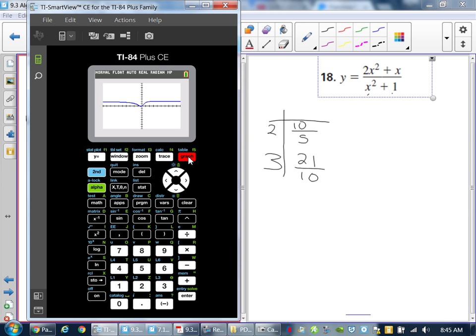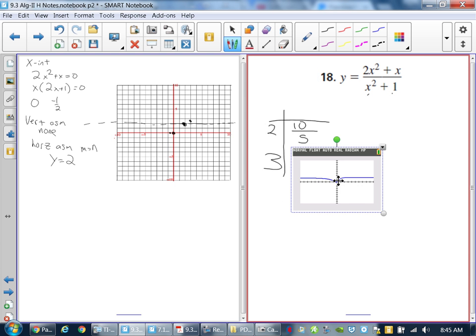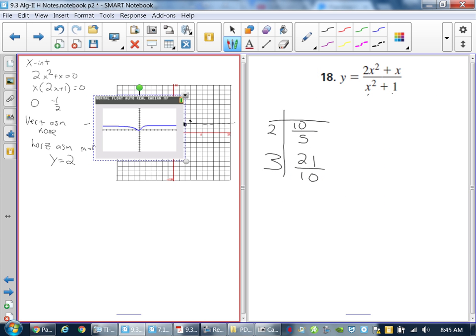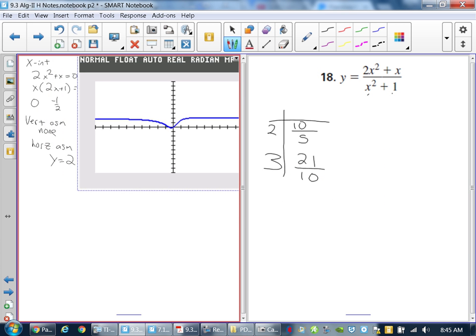All it's doing is that this graph is one of those weird ones, in that there is that asymptote that goes here. But the asymptote itself is really only for a portion of the graph.